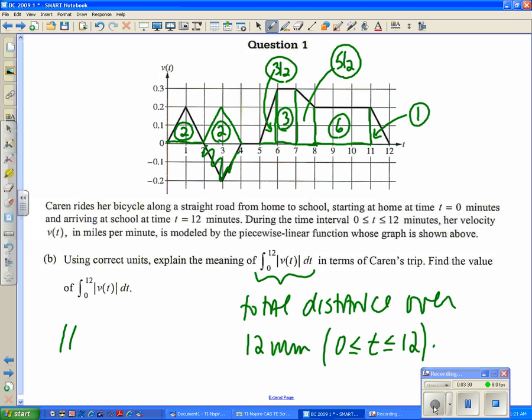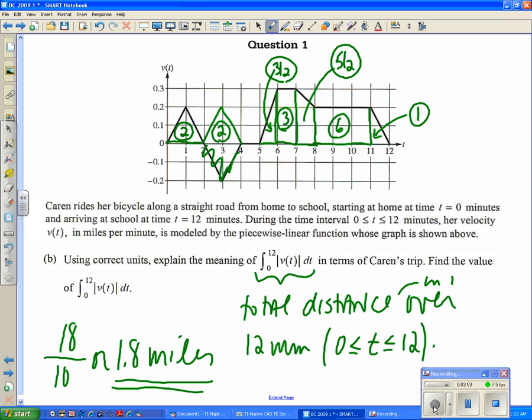So this is 18 tenths, or 1.8 miles. That's the total distance she traveled in those 12 minutes. And I guess when they said be sure to use correct units, it should have been total distance in miles. Let me make that little addition to that statement.